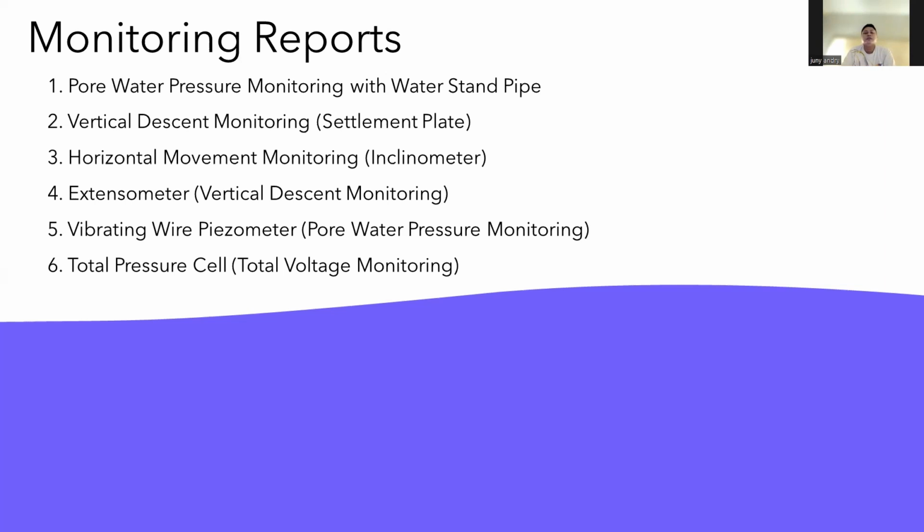We use the vibrating wire piezometer every day and a total pressure cell to find the total pressure monitoring. This total pressure cell has one voltage output to monitor the embankment.